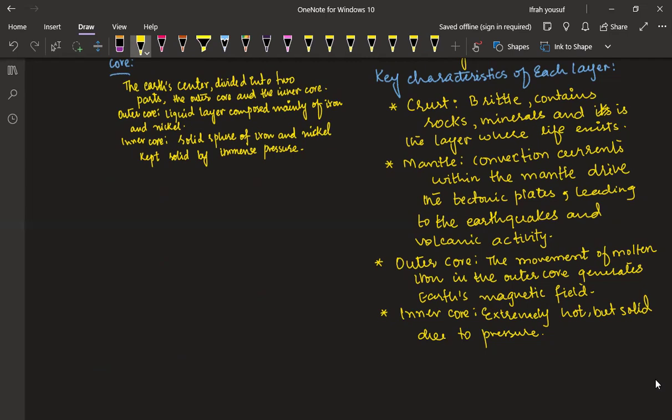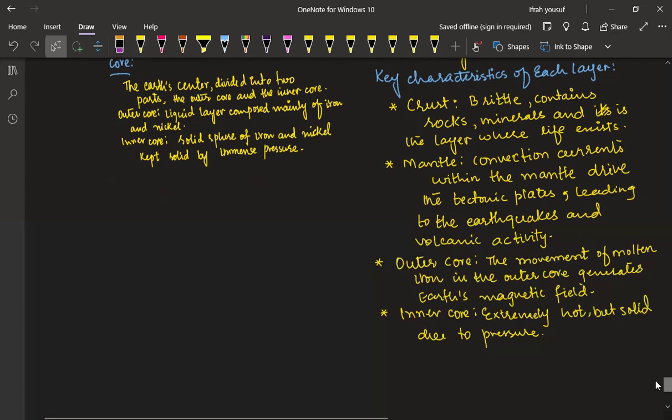So we have to understand the structure of earth in order to understand the processes associated with geological changes and events. Okay, so geological events could be earthquake, could be volcanic eruption, could be formation of mountains. Okay, right? So this is all about the structure of earth, right?